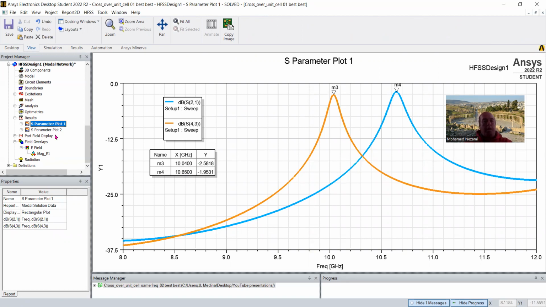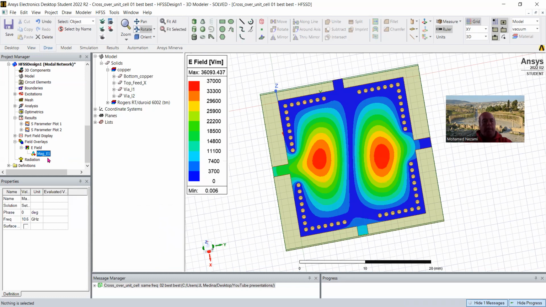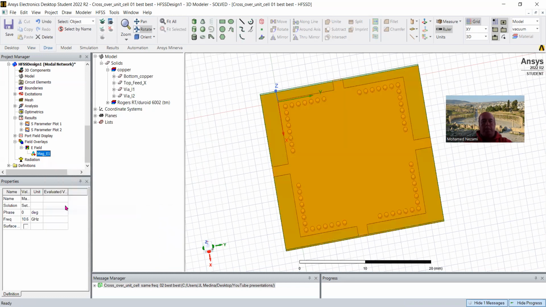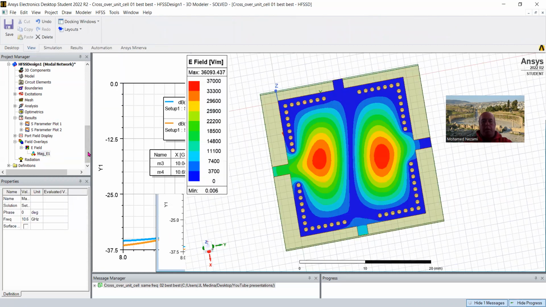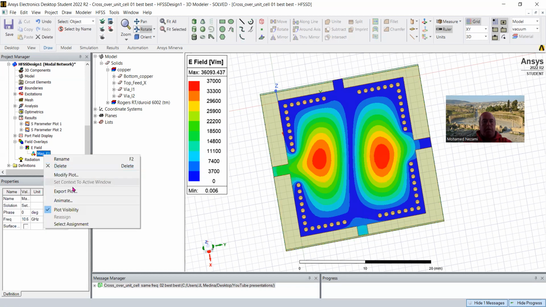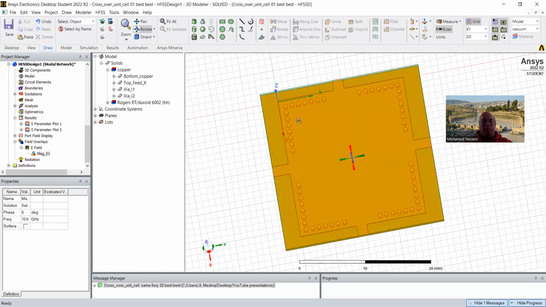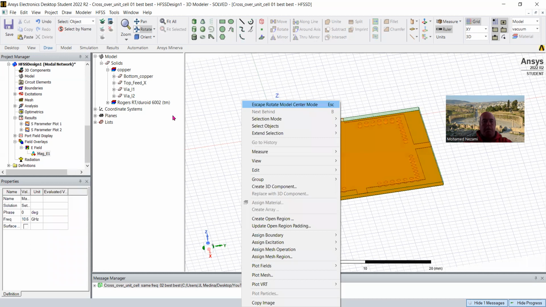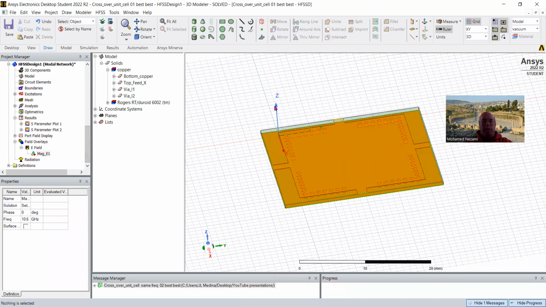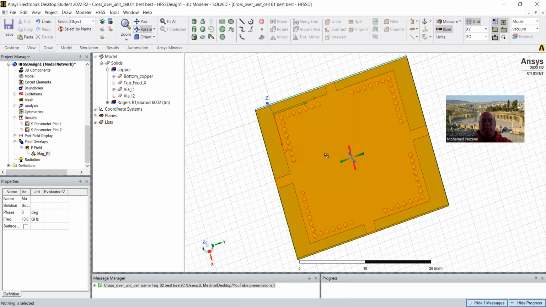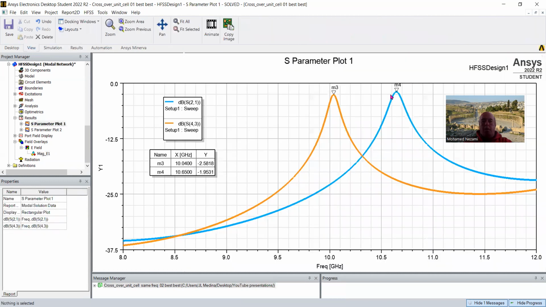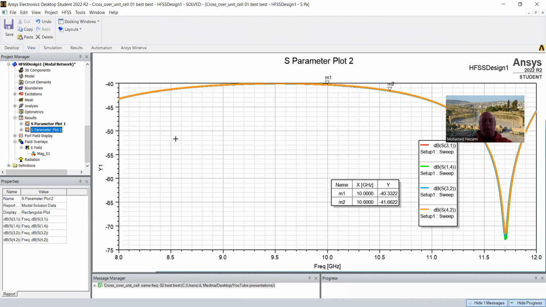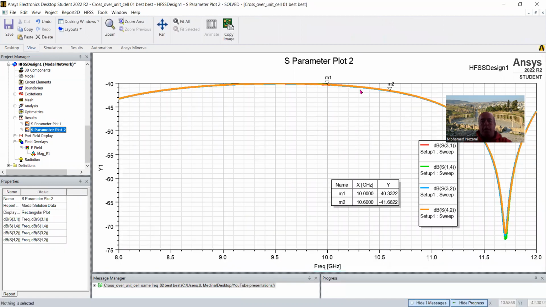Okay, so in this case, this would be the dual channel case, and the frequencies are separated less, and if you look at the isolation, it is in the 40s of dB, as you can see here.